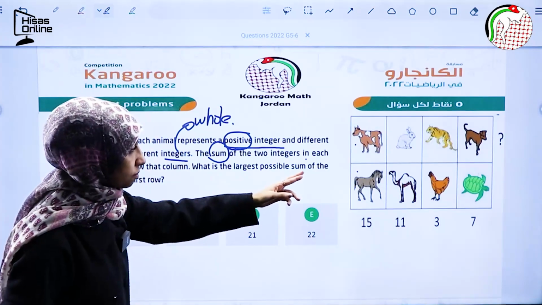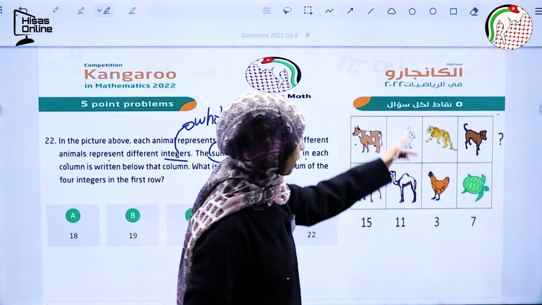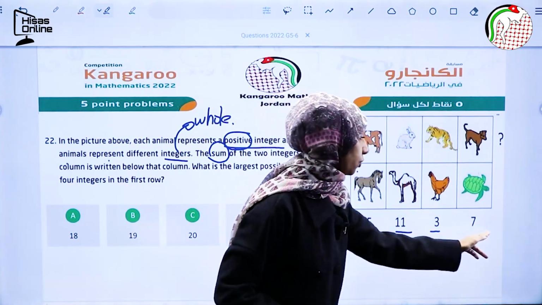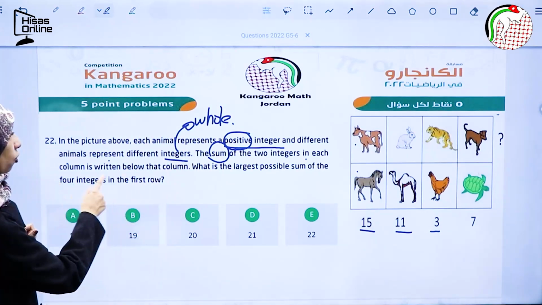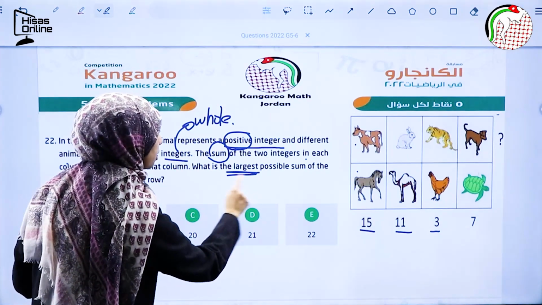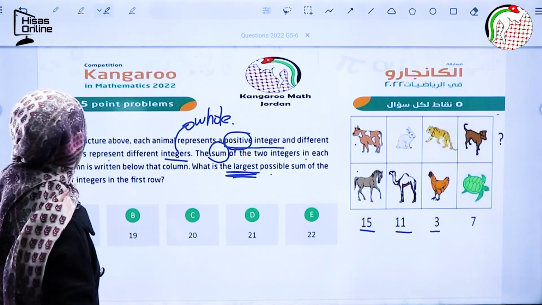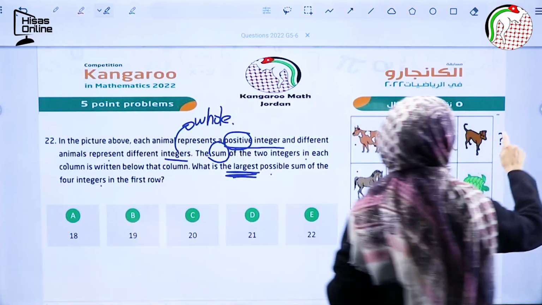Now let's see the sum of each 2 integers here, 15, 11, 3, and 7. And here we need to know what is the largest possible sum of the integers in the first row here.